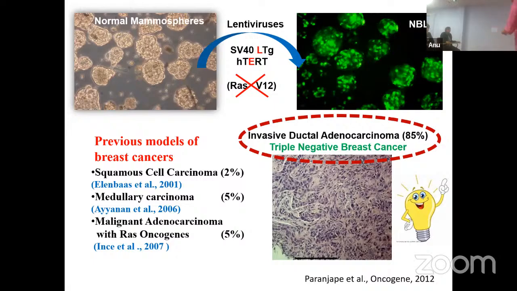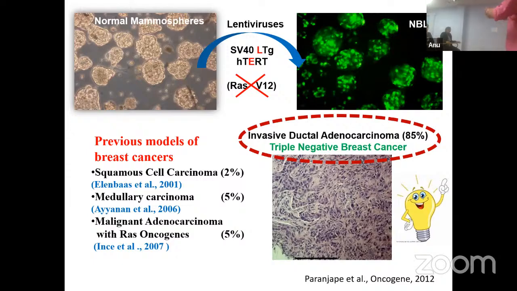If the adherent cells took up all of this, they made types of cancer that only represented 2 to 5%. But when I started off with stem cells, did the same experiment, we got the kind of tumor that is 85% seen by the clinic. Can we now make certain assumptions based on this? Is it possible that many women that get these kind of cancer, actually the origin of that is from the normal cell and normal stem progenitor cell?